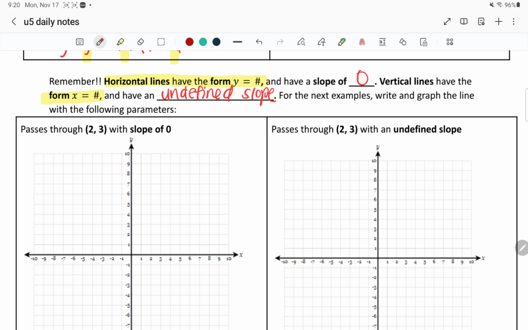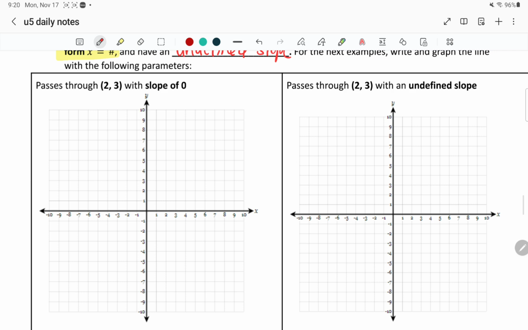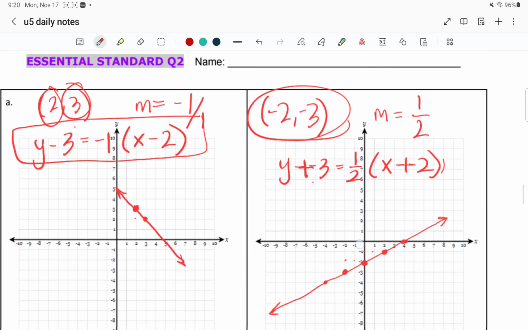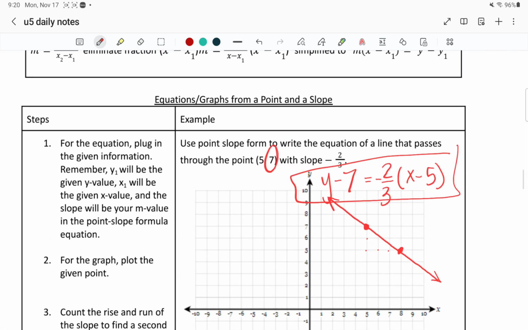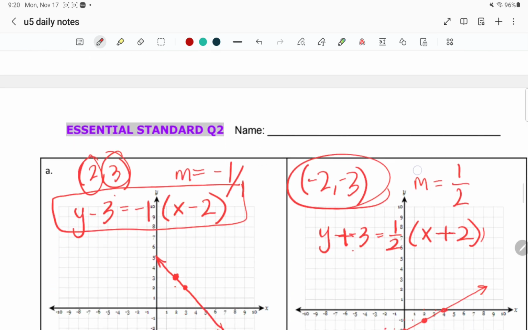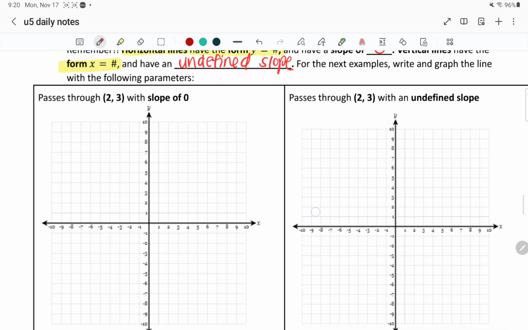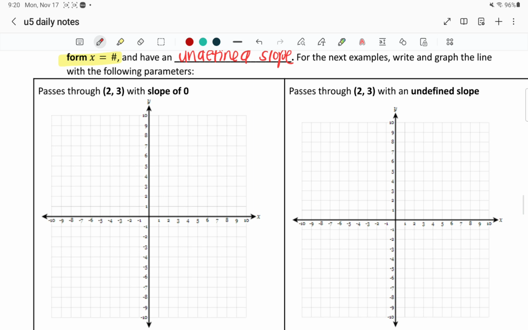So on your homework, you're going to get questions that say, they pass through this line with a slope of 0. So, they're the exact same kind of questions that say this, right? It passes through this point with a slope of -2/3, but now it's a slope of 0. So you have to go in your mind and you have to say, okay, that is a horizontal line. So I'm going to go to 2, 3, and that is a horizontal line.